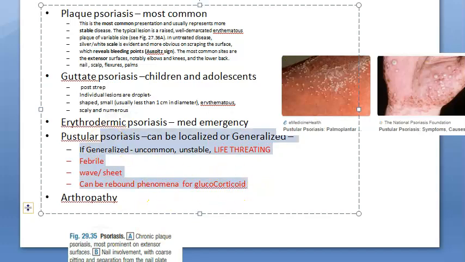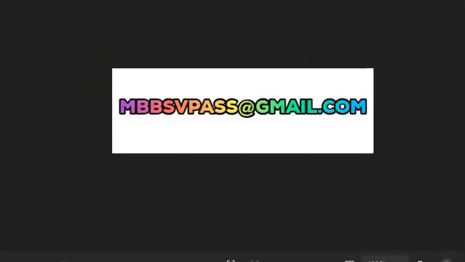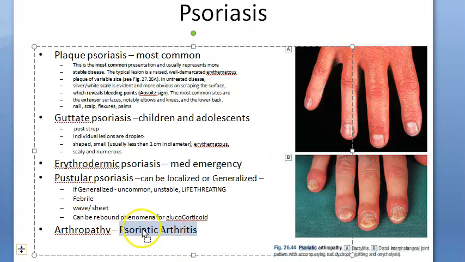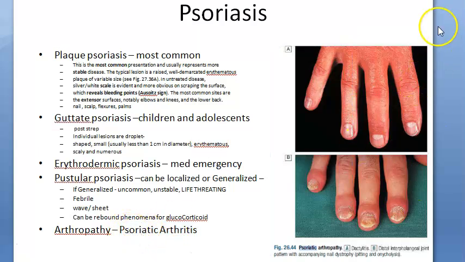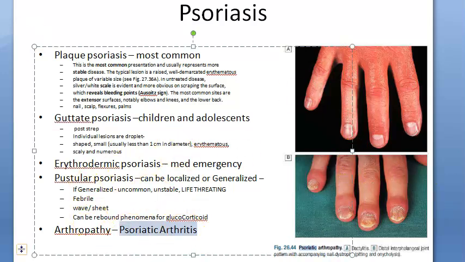Now let's move on to the last one, which one, guys? Arthropathy. You already guessed, arthropathy means joints are involved. Okay, so we will say psoriatic arthritis. This is the image that the textbook gives. Basically what they are saying here is that this can be symmetric or asymmetric. There can be psoriatic spondylitis, distal interphalangeal joint arthritis can be there.